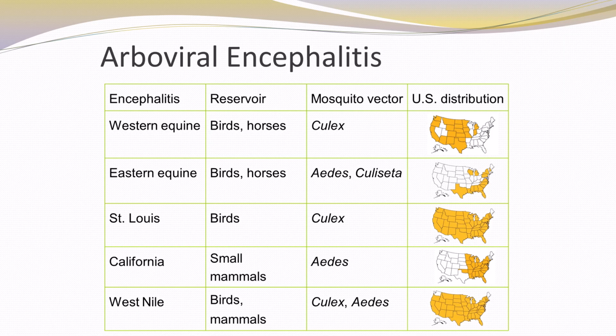So we have a few, and their reservoirs where we typically find them in the US, as well as they are mostly mosquito vectors, is what you'll notice. And that makes sense. When it comes to mosquitoes, when they bite us, they are also spitting into the bite.